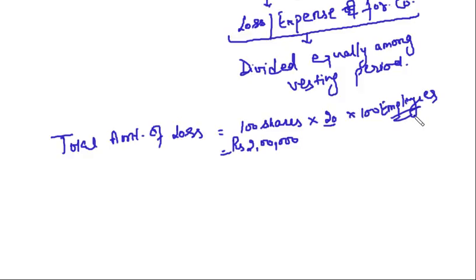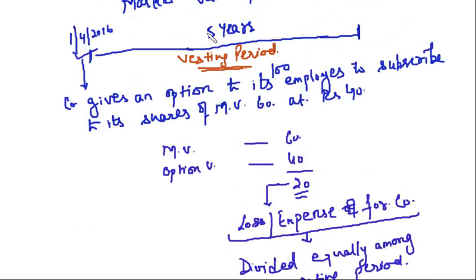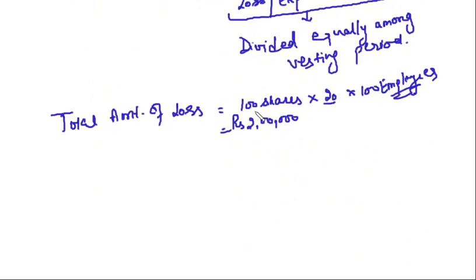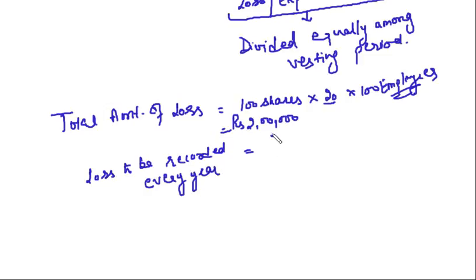Right? So this total loss comes to 2 lakh rupees. Now what is the vesting period? Vesting period is 5 years. So what is the loss to be recorded every year? Every year loss will be 2 lakh divided by vesting period.